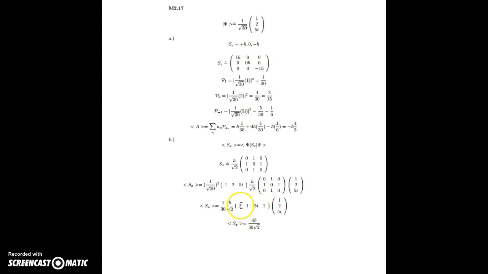And then next I multiplied this 3 by 1 matrix times this 1 by 3 matrix, and then I multiplied by the scalars, and this was the result. And so the expectation value in the S of x is just 4 over h bar times 30 over square root of 2.